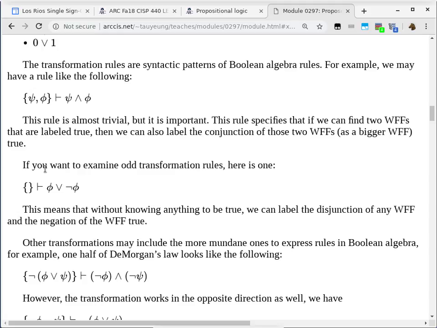Now, there are also productions that are kind of funky. Look at this one. It's an empty set. The empty set is basically saying, I don't need to know anything at all, and then I can infer right away that any well-formed formula or the negation of that well-formed formula is known to be true. Isn't that cool? In other words, without knowing what the value of, let's say, the variable p is, I can suddenly say p by itself is a well-formed formula, and not p is also a well-formed formula.